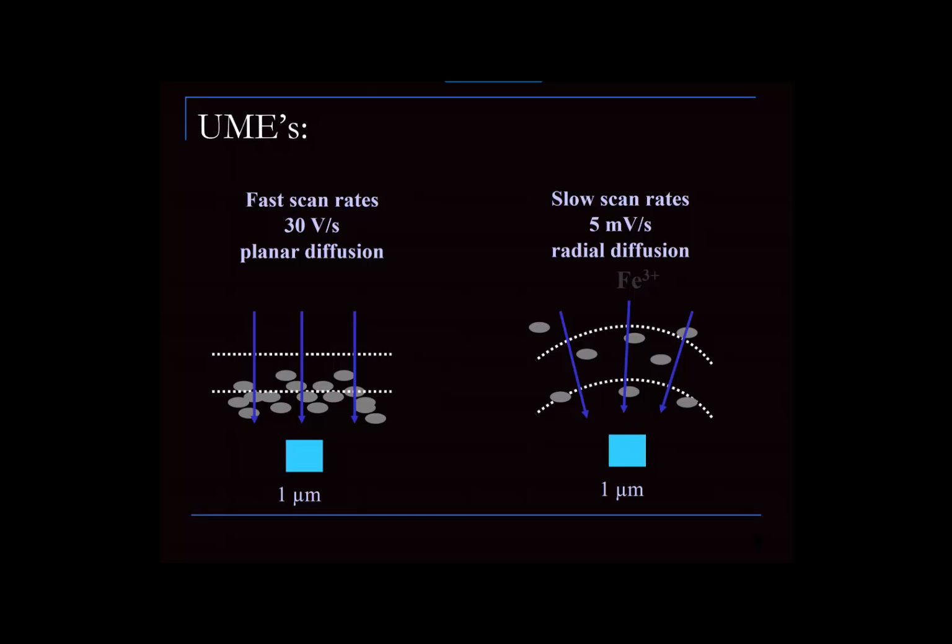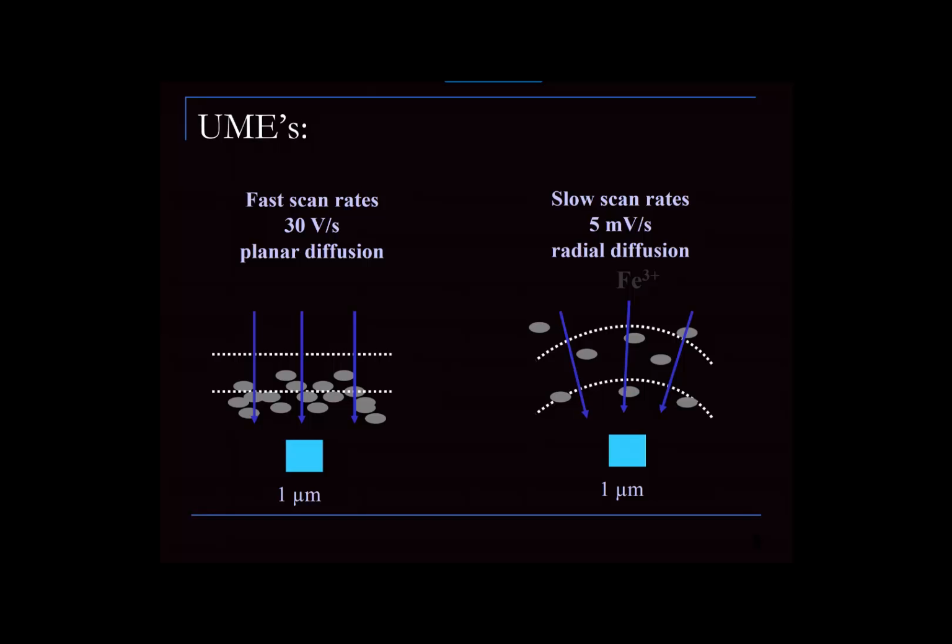So if you consider an electrode that is really, really small, and you think about the size of your molecule and its perspective in terms of moving to that very small electrode surface, if you use a fairly standard, relatively slow scan rate, then your analyte will move using radial diffusion, the mode of mass transport that's shown on the right.